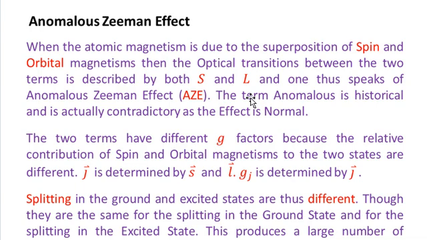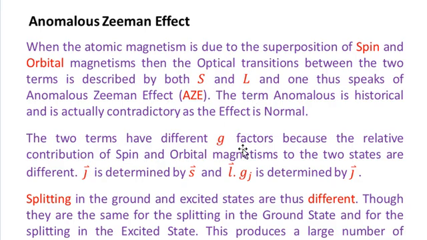But here, following the historical nomenclature, we shall call this the anomalous Zeeman effect. But you must remember that in the anomalous Zeeman effect, both spin magnetism and orbital magnetism are present.